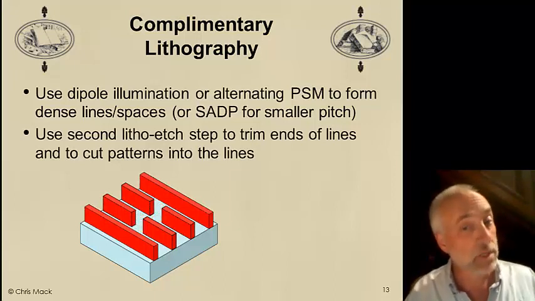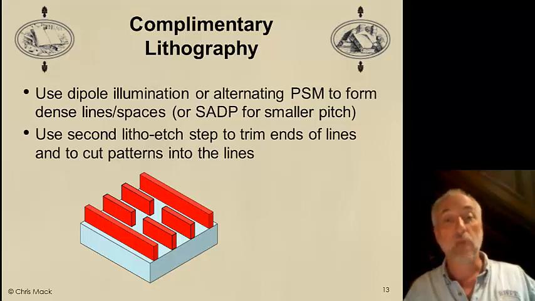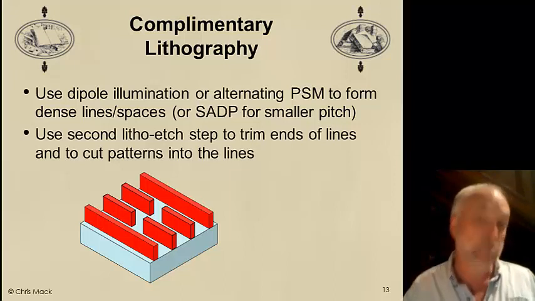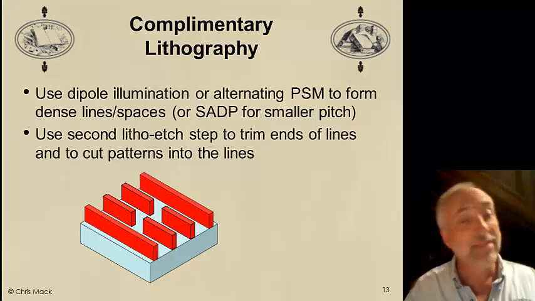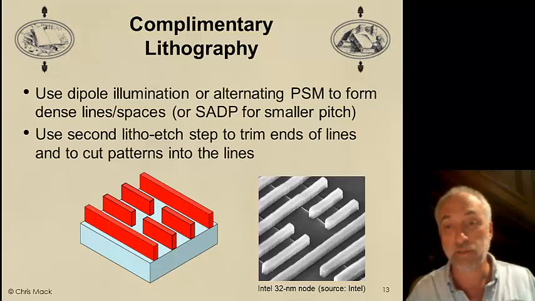Something like this: a lithography step that etches away a region in the middle of these lines. So now I have some longer lines and some shorter lines. This, it turns out, can be very useful in logic patterns.